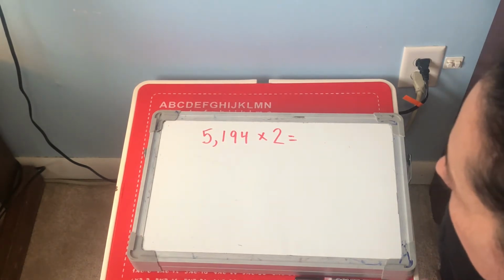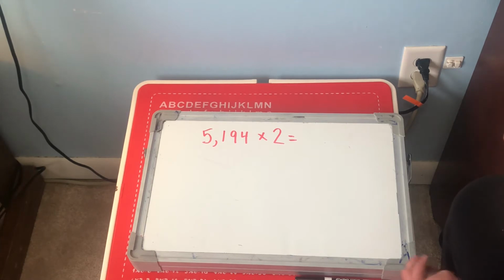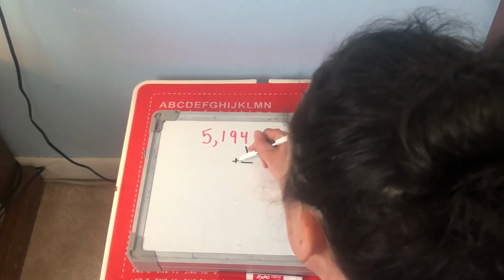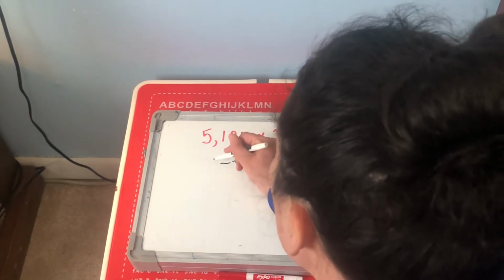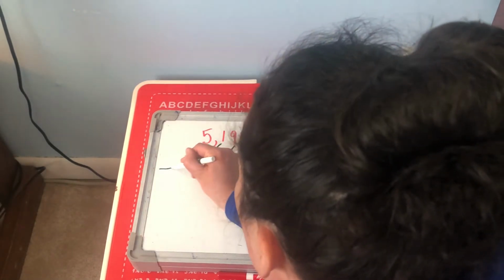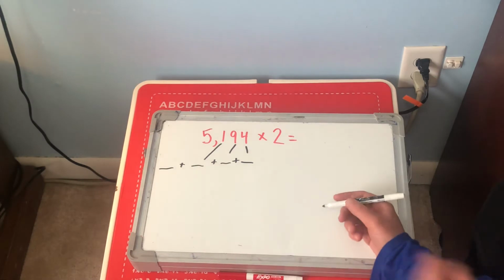Get that copied down, and I want you to think to yourself, what is step 1? Step 1 is break up my multi-digit number into expanded form, telling the value of each digit. What is the value of the 4, the value of the 9, the value of the 1, and the value of the 5? Okay, it doesn't matter which end you start at.